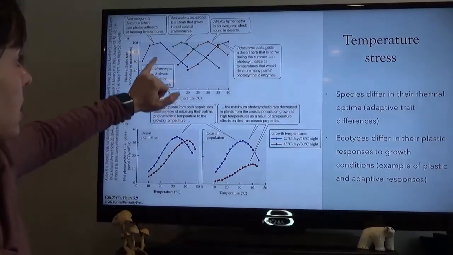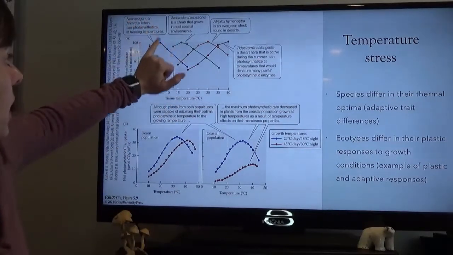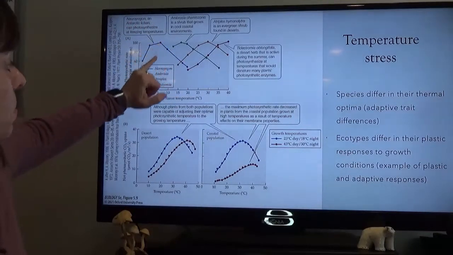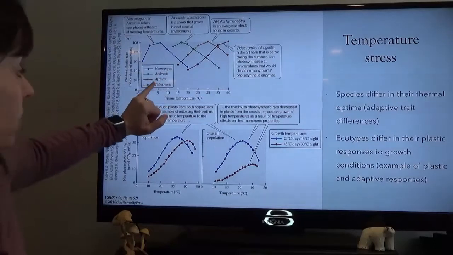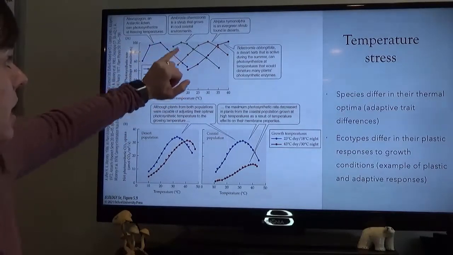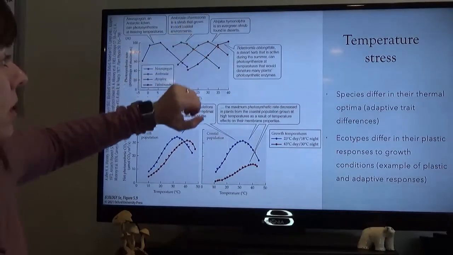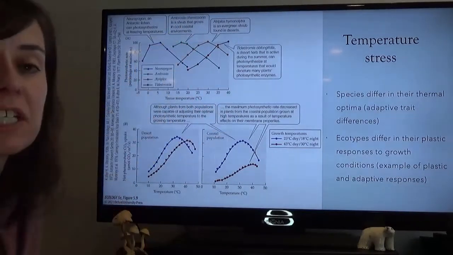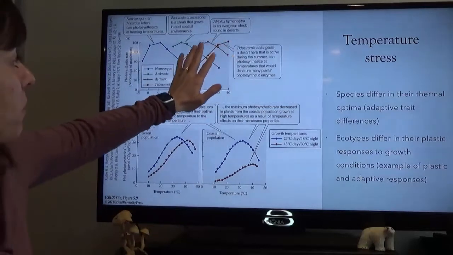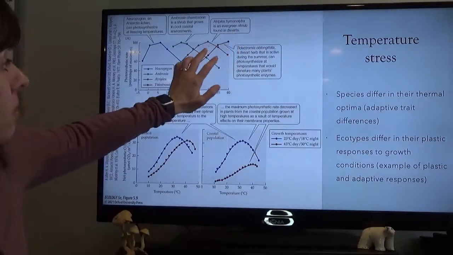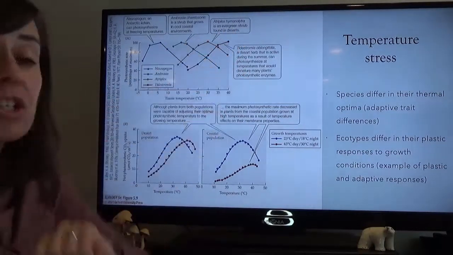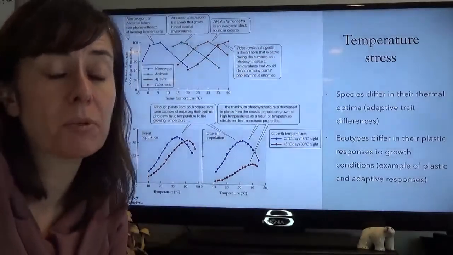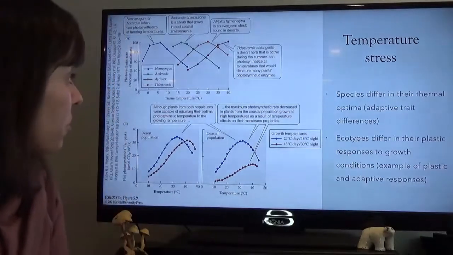For this species here, Neuropogon, an Arctic lichen, it can photosynthesize at freezing temperatures, and its optimal temperature is around 5 degrees Celsius. Ambrosia is a shrub that grows in cool coastal environments, and its peak photosynthetic rates are around maybe 15 degrees Celsius. Then we move over to Atriplex, an evergreen shrub in deserts, and its photosynthetic optimal temperature is about 30 degrees.